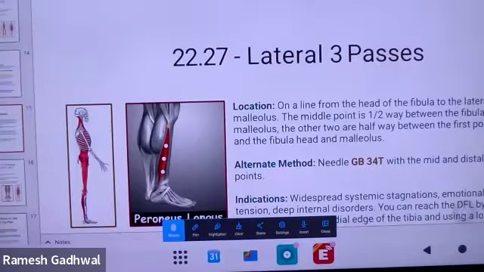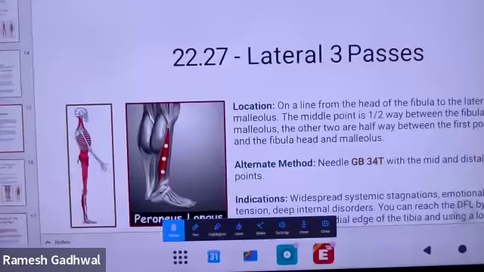How many members in this class are familiar with Tung acupuncture? Those who know Tung acupuncture, please tell me whether these points are correct or wrong. Prof, can we talk? No, you cannot talk.